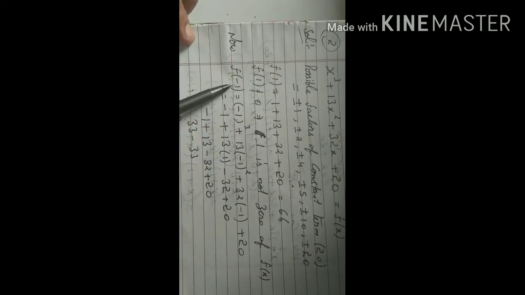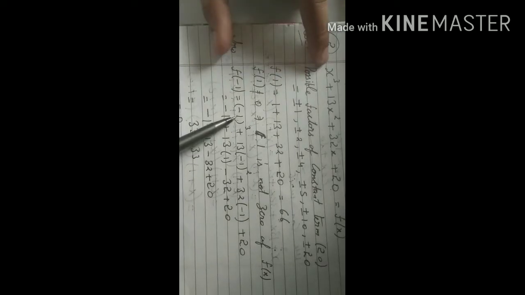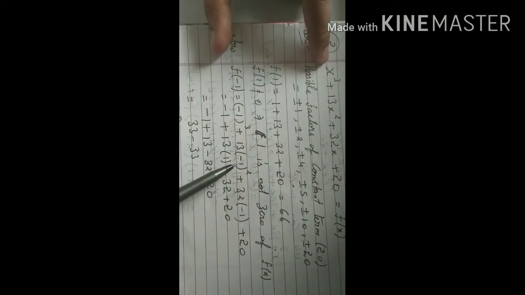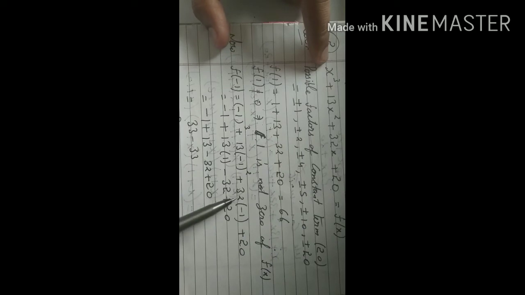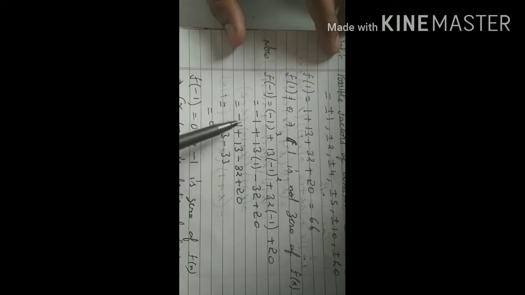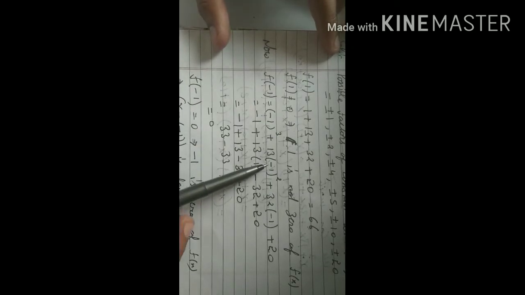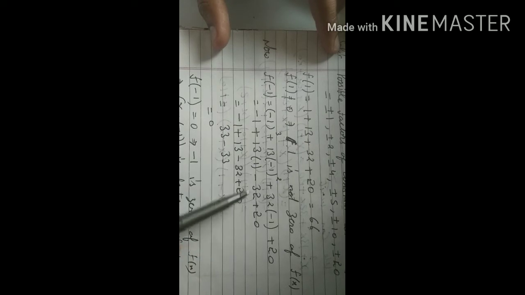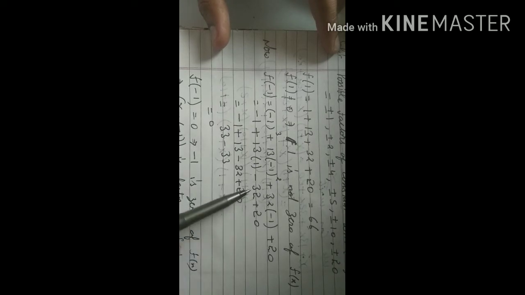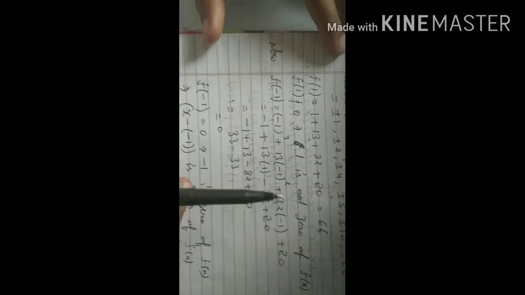After that we check with the help of minus 1. Then f of minus 1 is equal to minus 1 cube plus 13 into minus 1 square plus 32 into minus 1 plus 20. Minus 1 cube is minus 1 and minus 1 square is 1, so we get minus 1 plus 13 minus 32 plus 20.